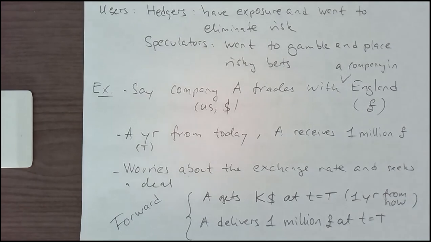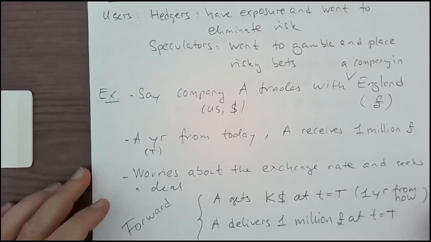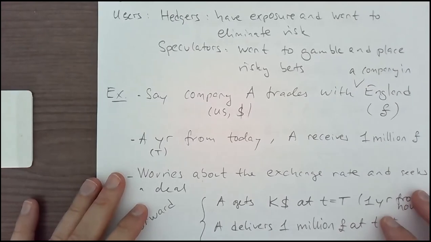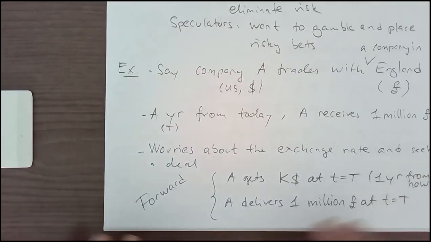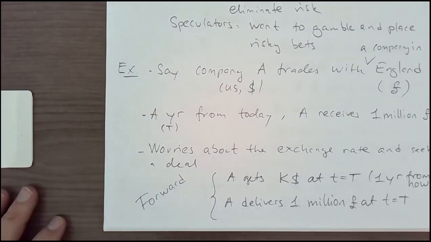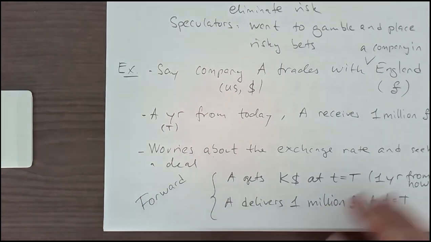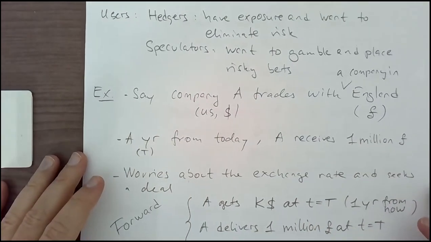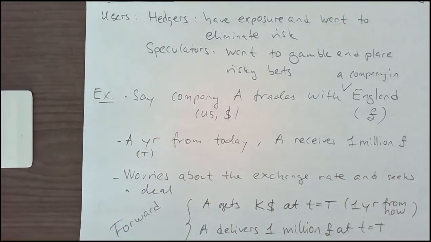Producers of various goods have this risk inherently in their business, and one way to get rid of it is to reach out to the finance world. As I said before, hedge funds are a big player here, but there are also more traditional investment banks. They'll be happy to enter these contracts like a standard forward and help eliminate the risk for, say, a cattle rancher out in Montana.